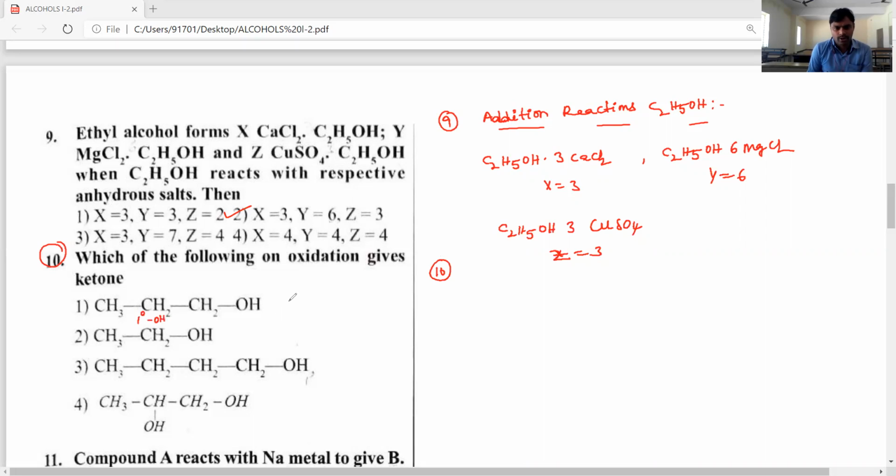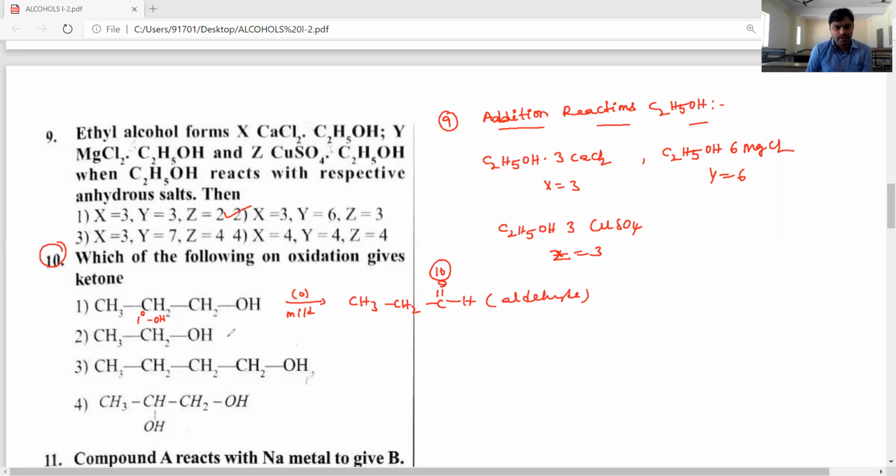Primary alcohols upon oxidation with a mild oxidizing agent, you have to use mild only, not strong, produce CH3CH2CHO. Three carbon atoms are there, and a three-carbon aldehyde forms, C double bond O H. This is an aldehyde.